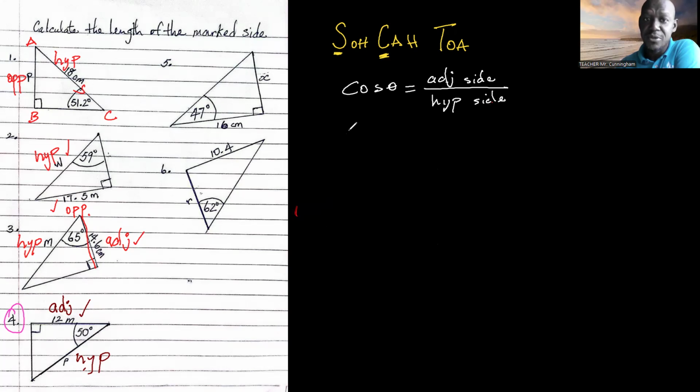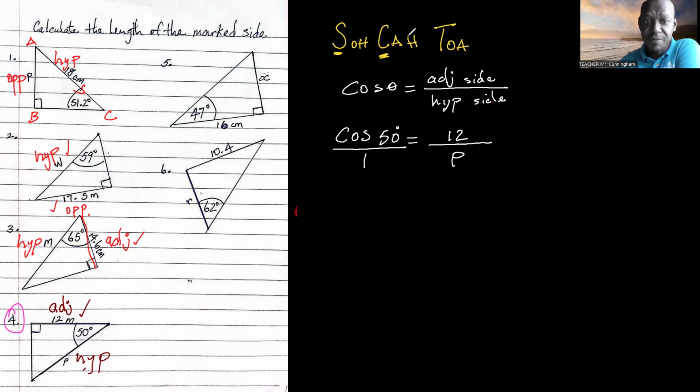So theta, or the angle, is 50 degrees. The adjacent side, he said, was 12, which is correct. And the unknown side is P. We're going to put cos 50 over 1, and now we're going to cross multiply.